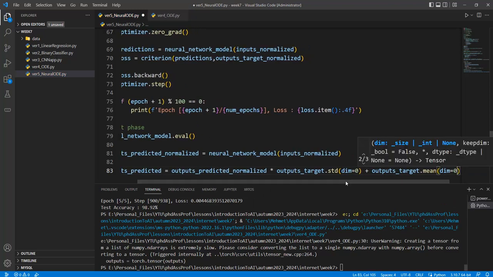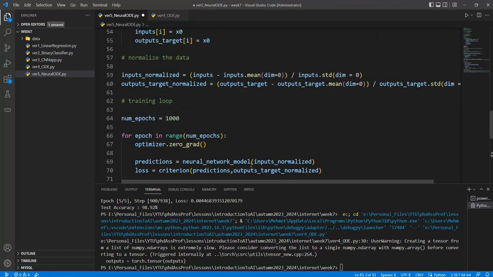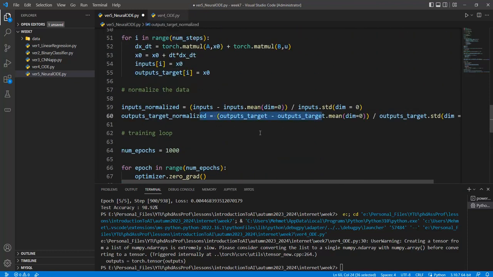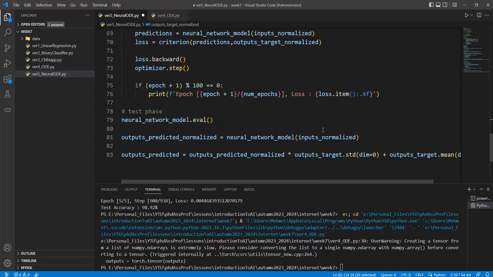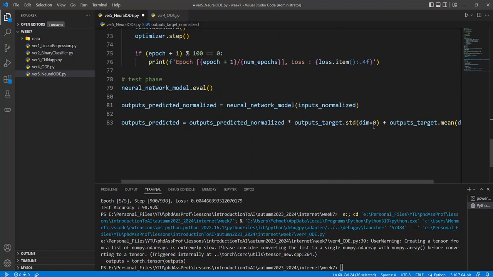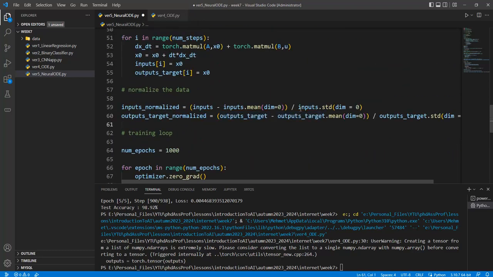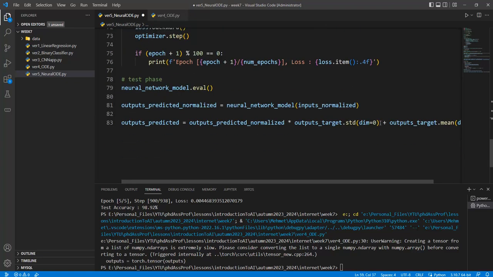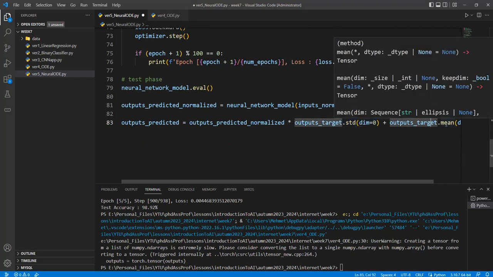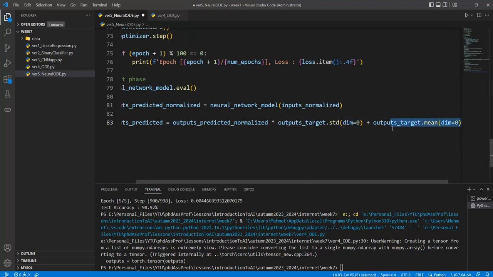This is the unnormalized form, because in the first place we subtract the mean value and divide by std, but in reverse order we multiply std and add mean. This is the unnormalization of the standardization.